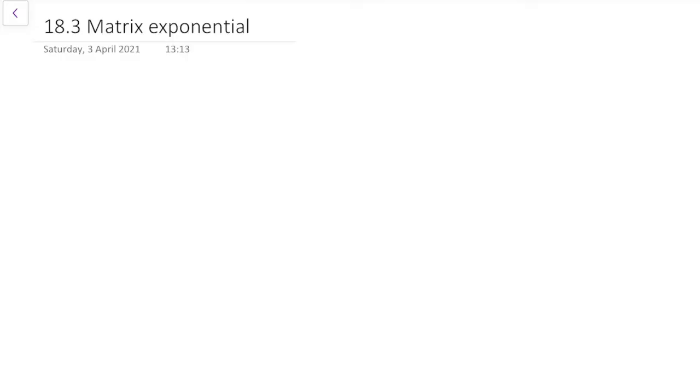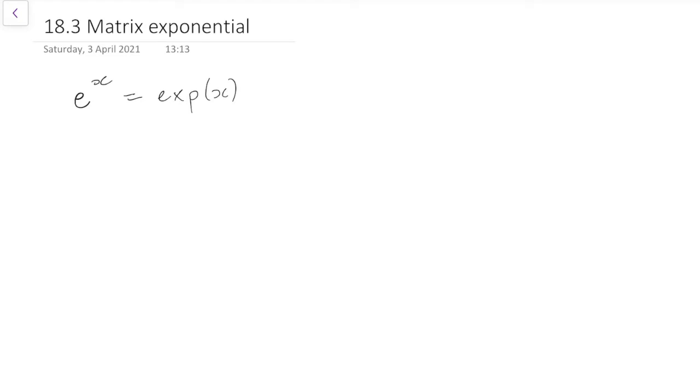So let's start with our old friend, the old-fashioned normal exponential, just the exponential of a number, x. So you should remember that the exponential of a number x, which we sometimes write as e to the x, or sometimes write as exp of x to emphasize the fact it's a function.